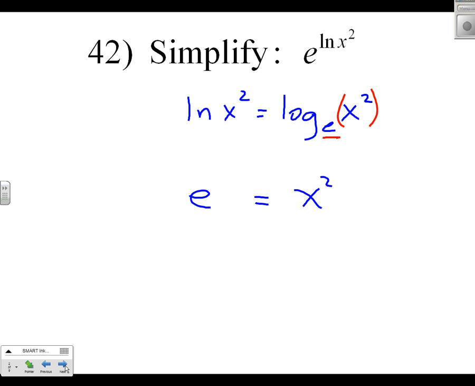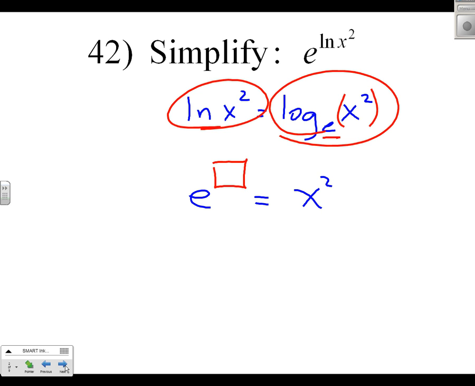So it wants to turn e into x squared. This thing would love living its life out just wandering around aimlessly. It would love to be able to be right here. Well, guess what? It found its soulmate. So it is going to turn e into x squared. This is just x squared.